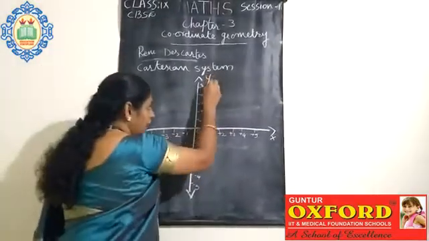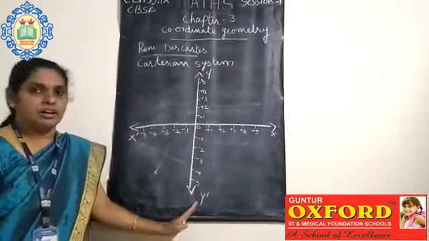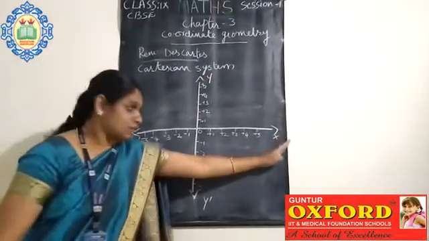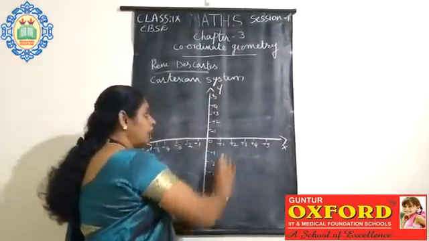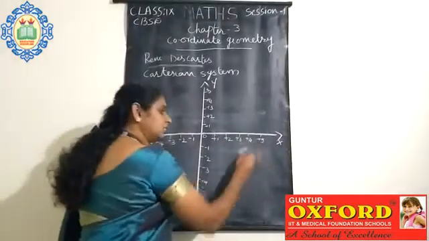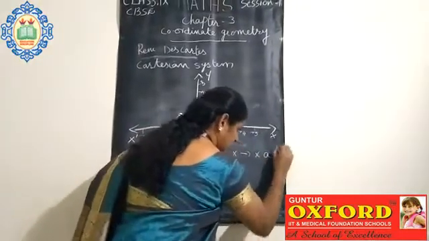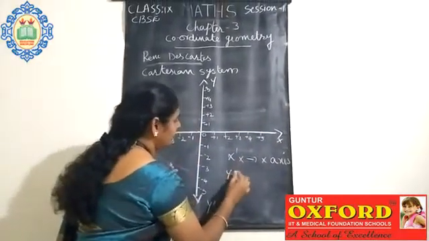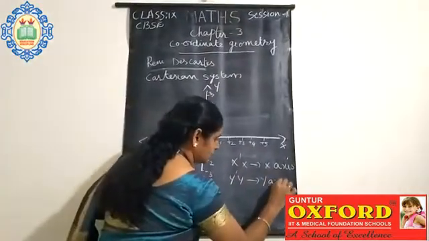Then this is y dash. Y dash y is the vertical line. X dash x is known as the x axis, and y dash y is the y axis.